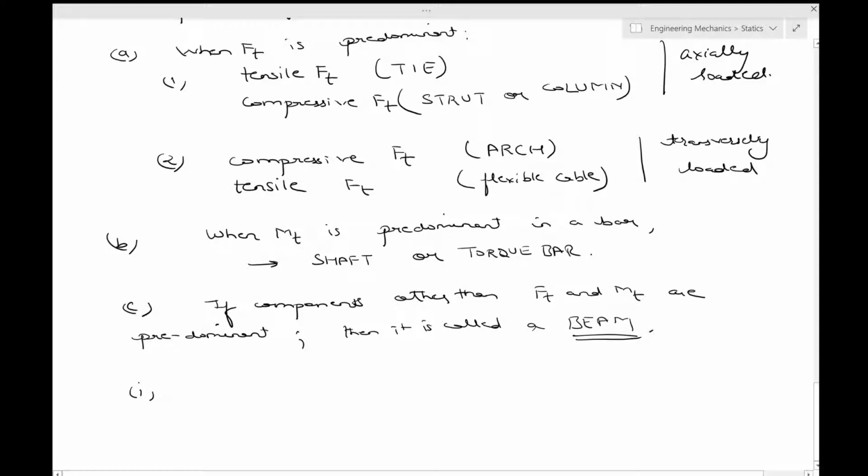You do not have to know the next part, at least now you don't have to know about beams, but I'm writing it in green just because perhaps at some stage it will be required. So if only Mn and Mb are present, no other internal force is present in a beam, then it is pure bending.